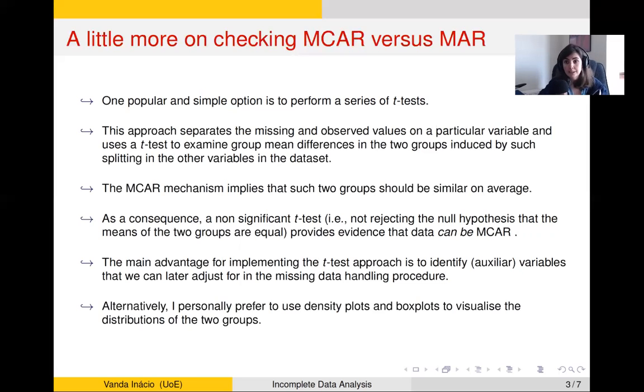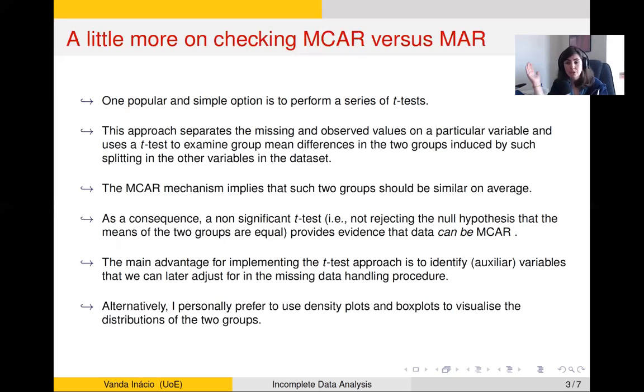We should be aware that the general conditions for the t-test to be used also need to hold here. If we have a non-significant t-test, that is, if we do not reject the null hypothesis that the means of the two groups are equal, this provides evidence that the data can be MCAR, in the sense that we cannot rule out missing not at random, but at least we cannot rule out missing completely at random.